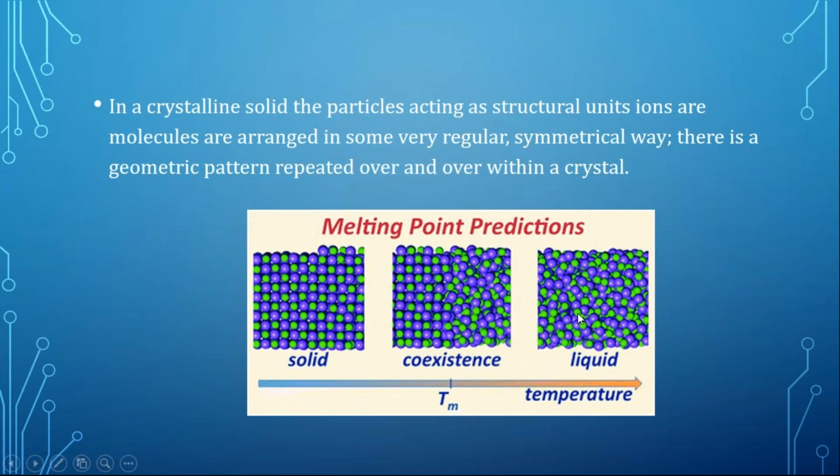They are going to move apart. So melting occurs when a temperature is reached at which the thermal energy of the particles is great enough to overcome the intracrystalline forces that hold them in position. So they will be having some intracrystalline forces, and that is overcome when the temperature is increased.